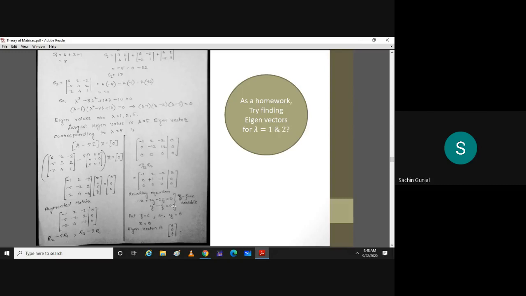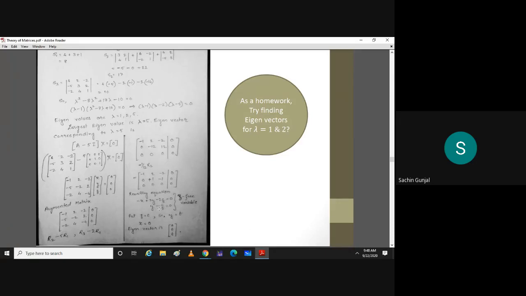Now, can I free x? Is it going to help me? No, sir. I can't put x equal to t, because if I put x equal to t, I will have a system in y and z again, which I don't want. So instead, I will either put z equal to t or y equal to t.